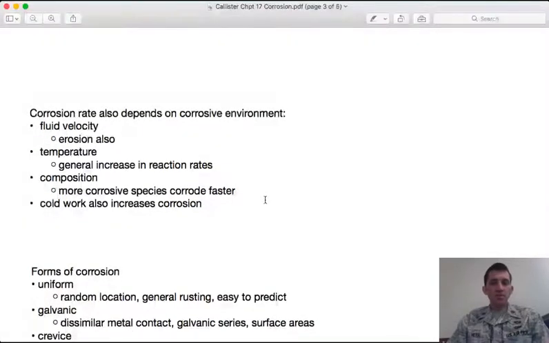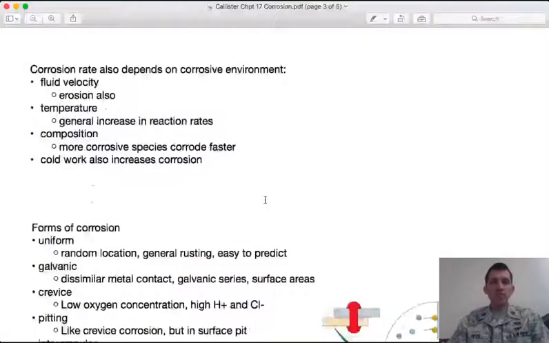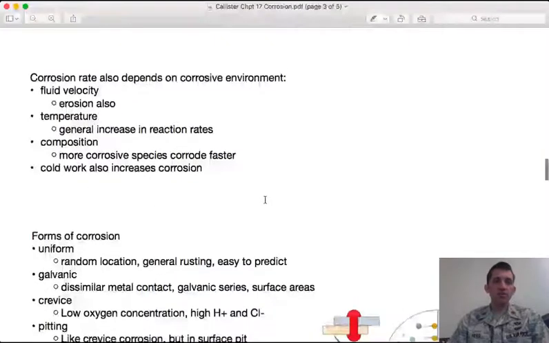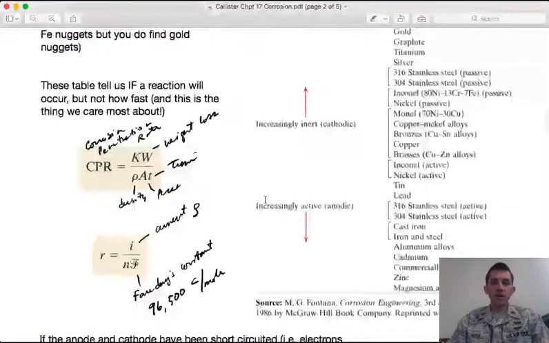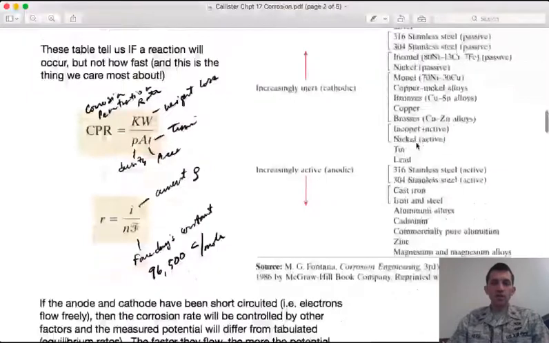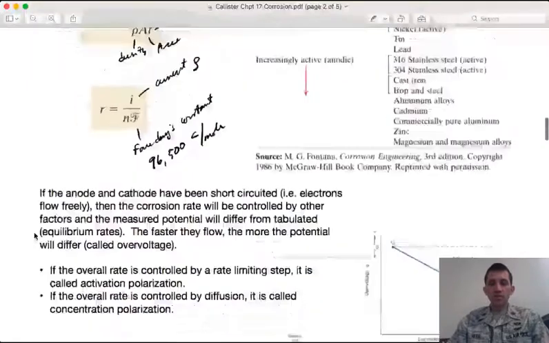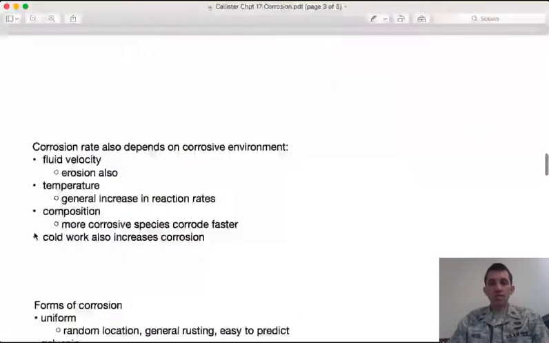Also composition of the material. We saw in the EMF series and the galvanic series that different metals occupy different positions here, and some of them are more anodic, which is typically characteristic of being more susceptible to corrosion.